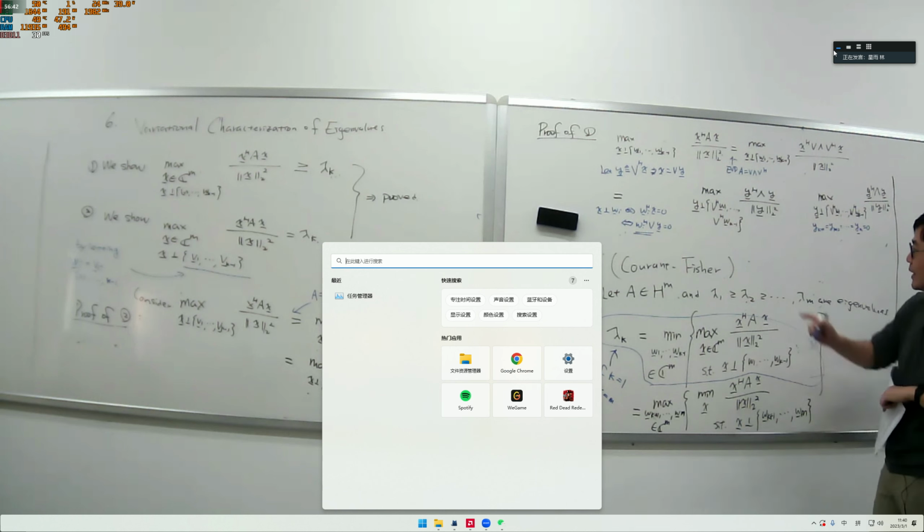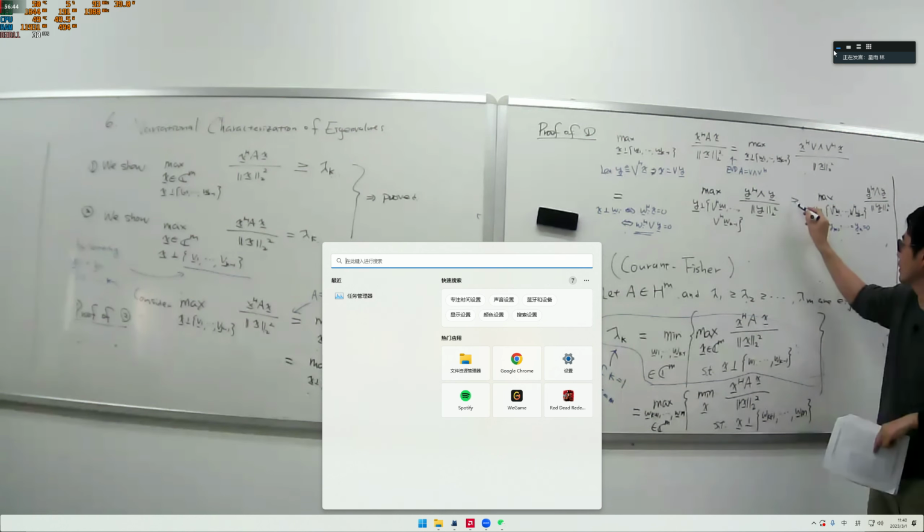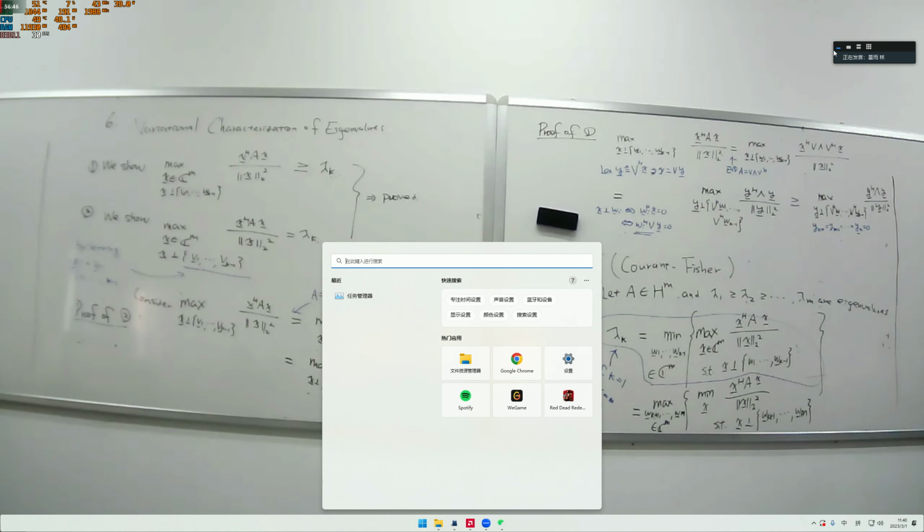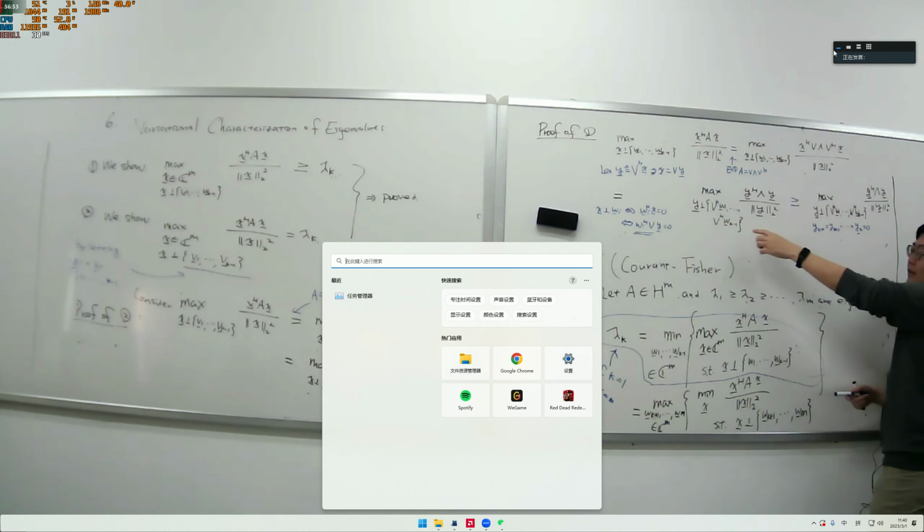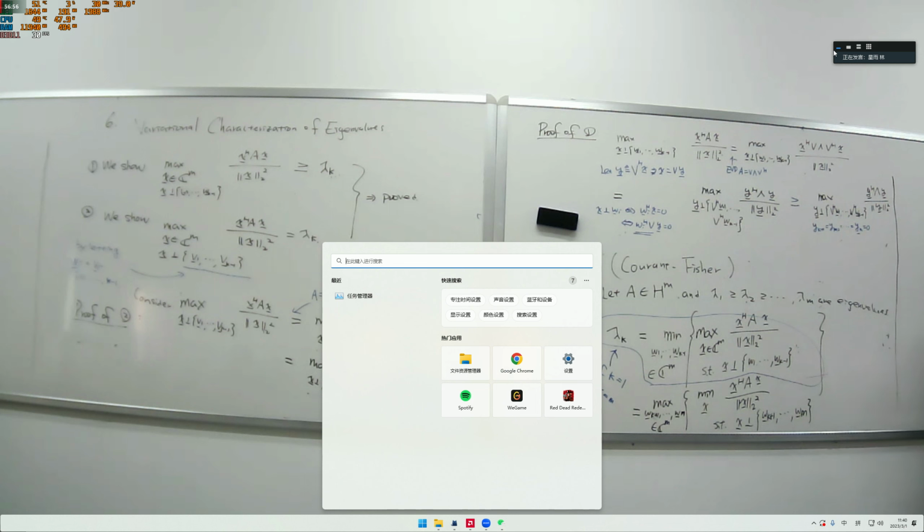So this maximum value will be no less than this one. But a subtle question is whether this set is feasible. Will it be empty? If it is empty, then this is meaningless, so you need to check that it is non-empty.